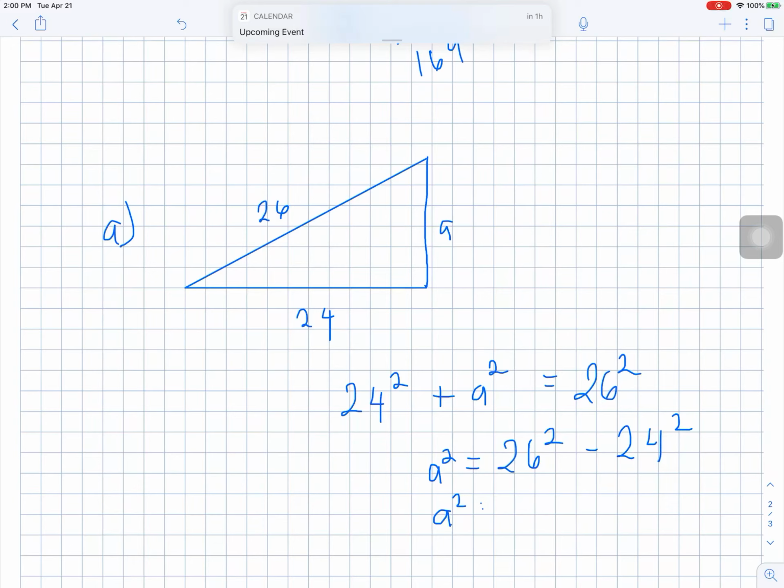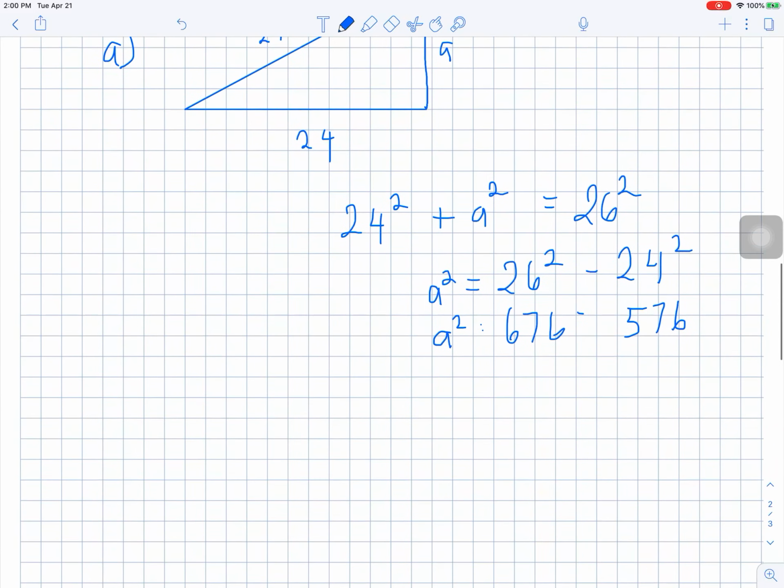So grabbing our handy dandy calculator, we can put those terms in to find our answer. Oops, I just pushed the wrong one on my calculator. 24 squared is going to equal 576. 26 squared is 676.